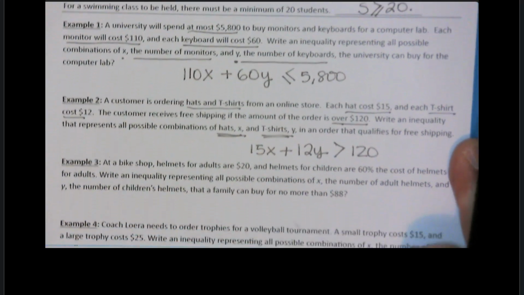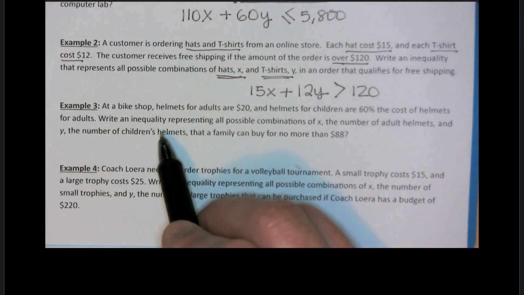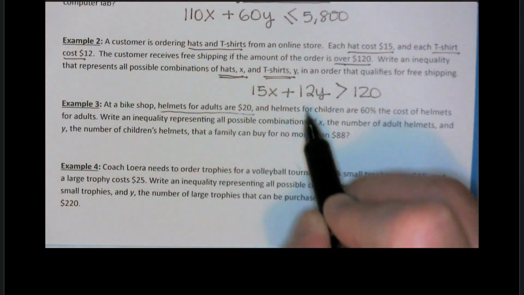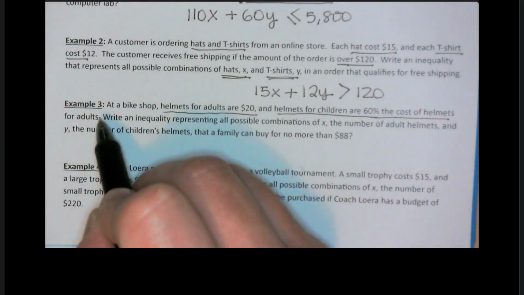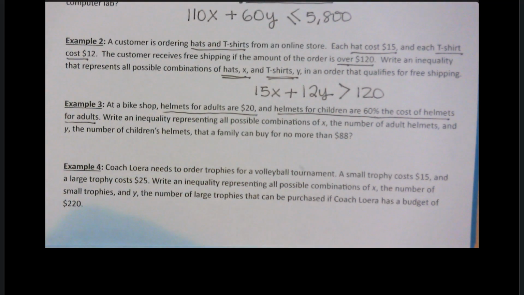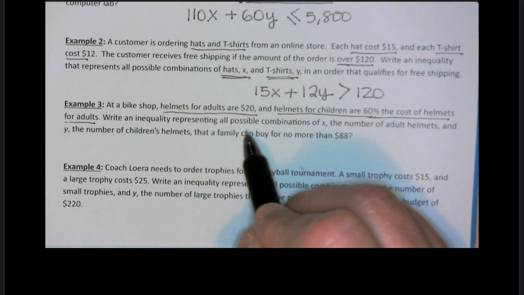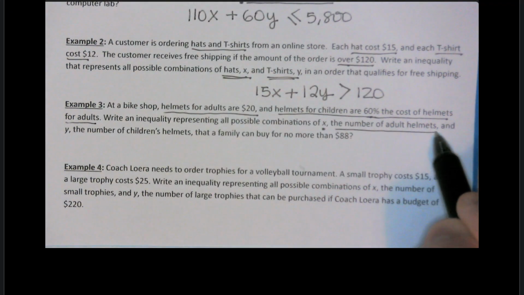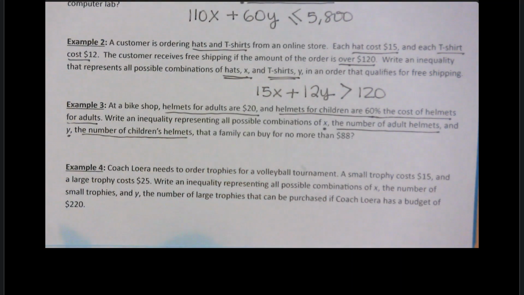All right, let's go on to the next example. A bike shop: helmets for adults are $20. Helmets for children are 60% of the cost of the helmets for adults. Write an inequality representing all possible combinations of X, the number of adult helmets, and Y, the number of children's helmets.